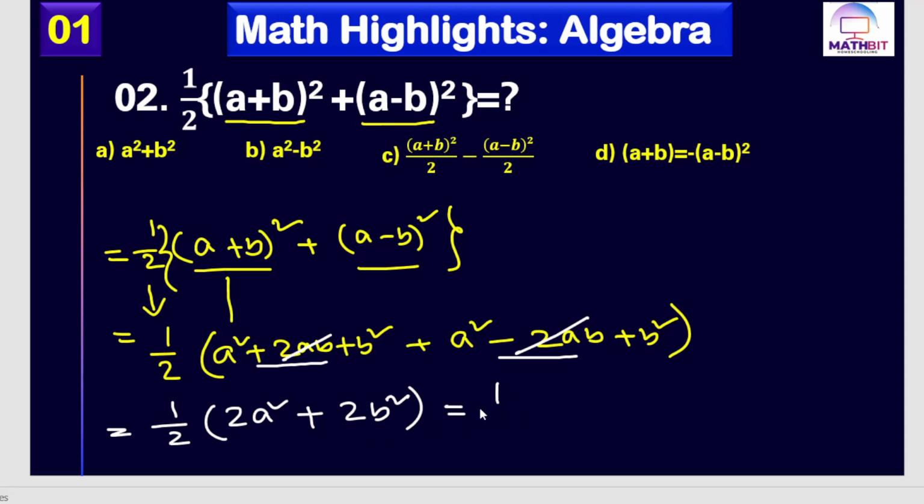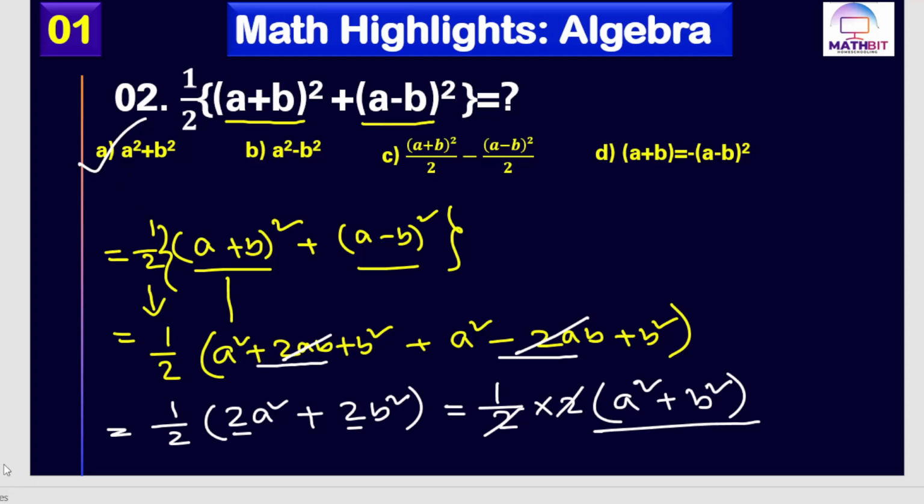Once we take common 2, so here is 2 times, inside bracket, a square plus b square. So these 2 and 2 cancel out, the answer is a square plus b square. It means number A. Number A is our right answer.